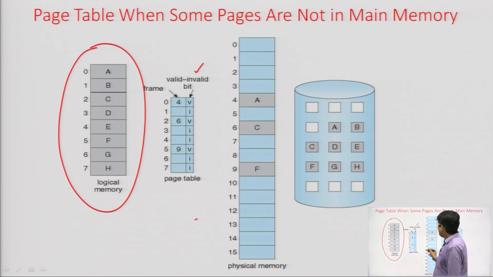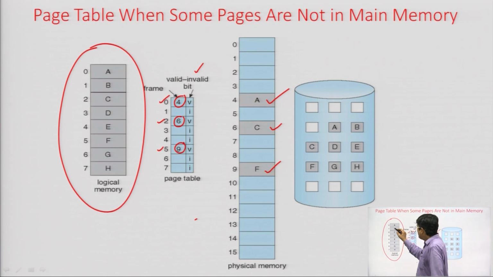Out of these, only 3 pages are in the main memory: page number 0, page number 2 and page number 5. Page number 0 is stored in frame number 4, page number 2 is stored in frame number 6, and page number 5 is stored in frame number 9.